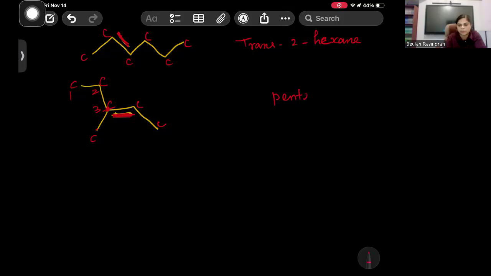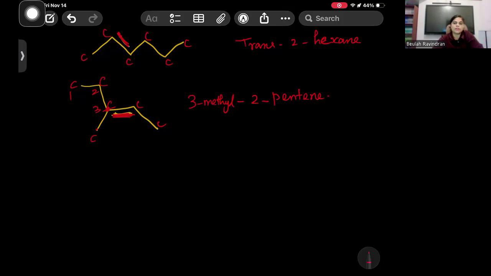So second position is the double bond. 2-pentene. And then according to alphabetical order, 3-methyl should come first, right? So then only pentene will follow. Can you understand this? That's all. Okay. So it is very clear. You can write the IUPAC name.